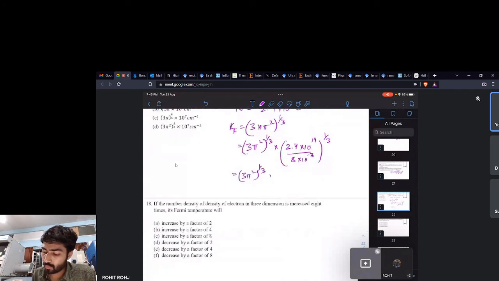So this counts to 24 point one, we can take 10 to the power 18, and 18 and 3 becomes 21, and 24 by 8 is 3, raised to 1 by 3.